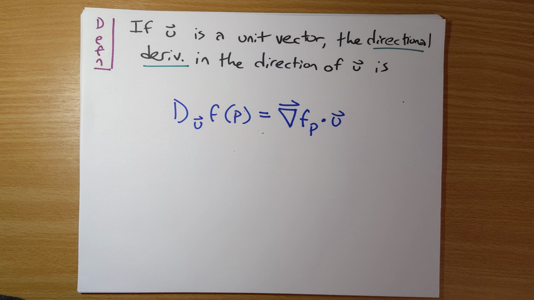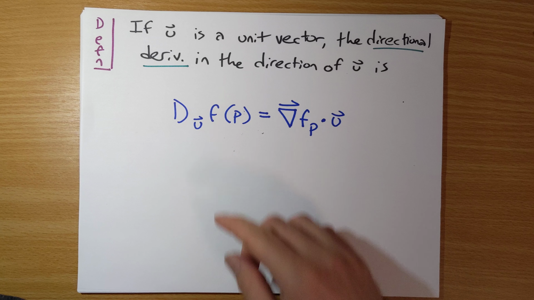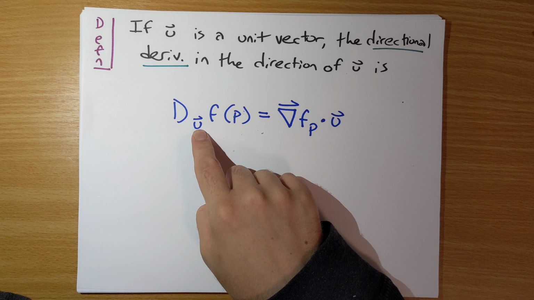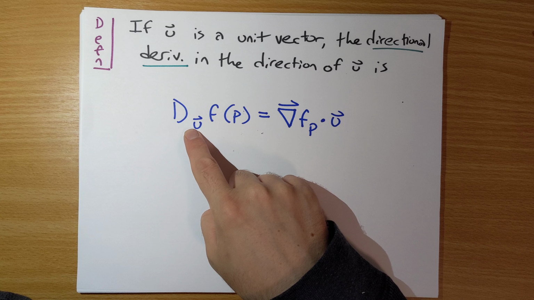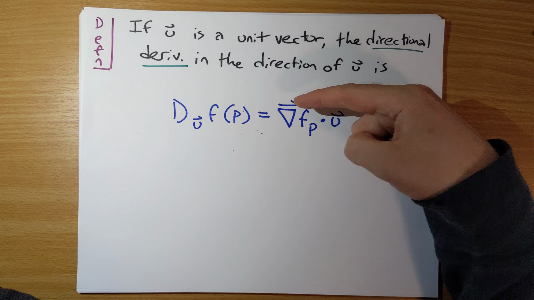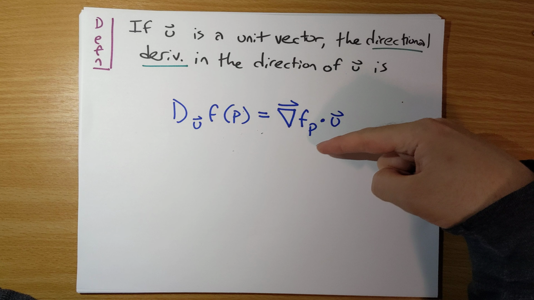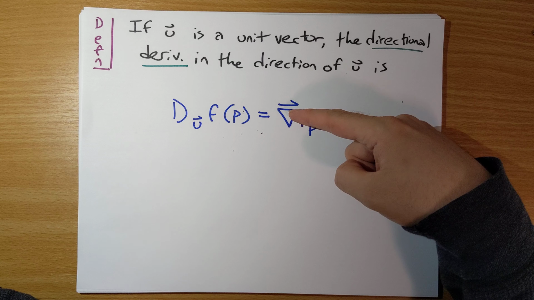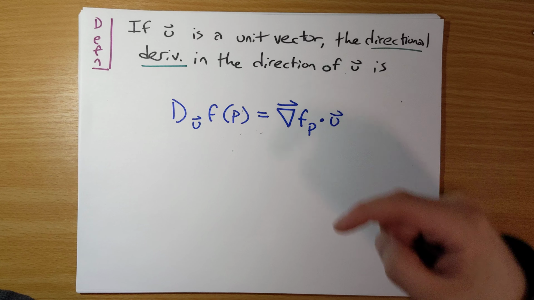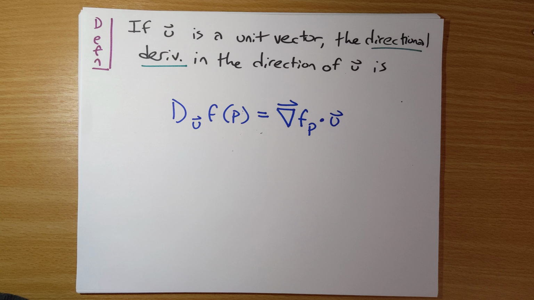If u is a unit vector, the directional derivative of f in the direction of u, evaluated at a point P, is you take the gradient of f, evaluate it at the point P, and take the dot product of it with u.